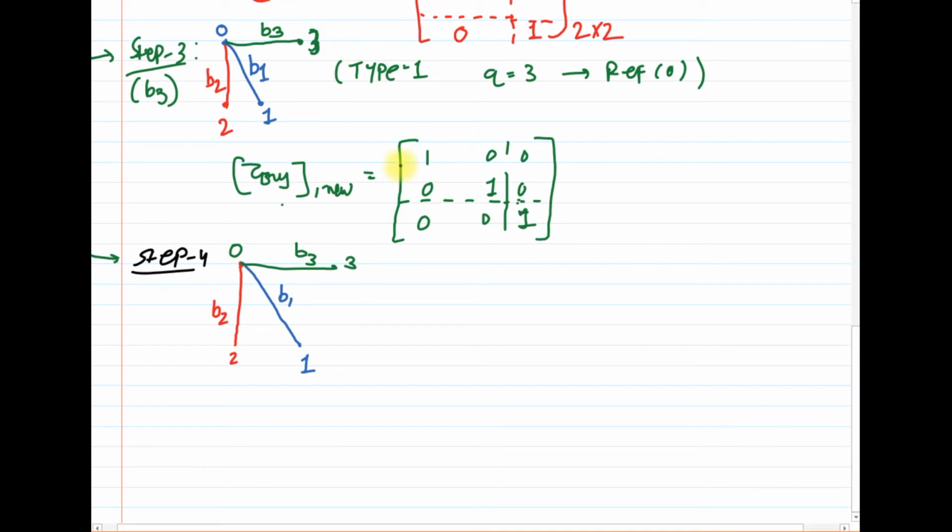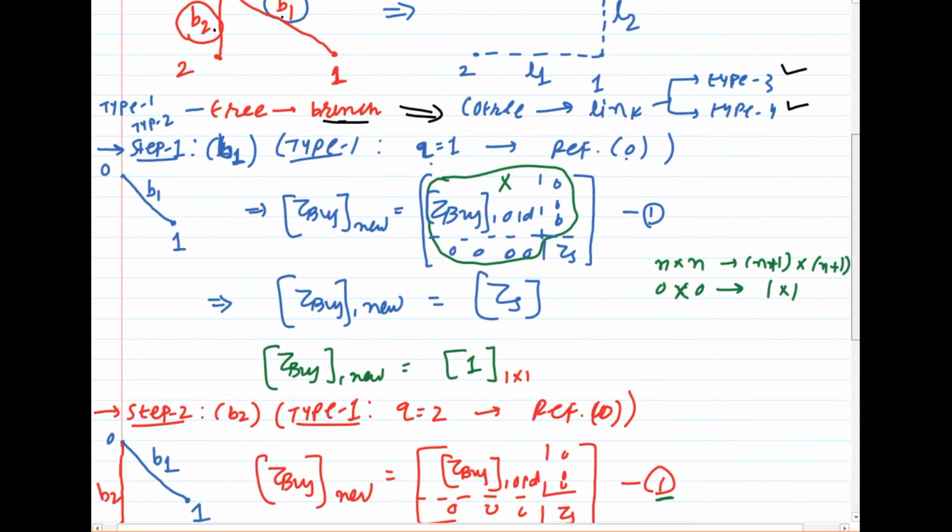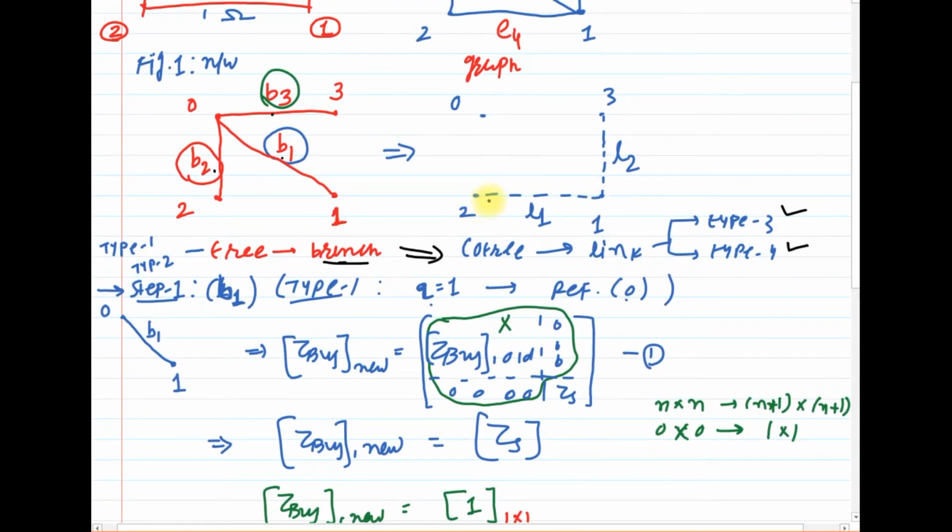Now the link L1 is added into the system which is connected between bus number 1 and 2.